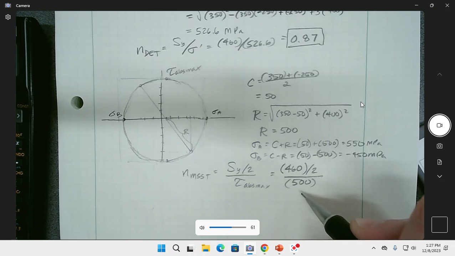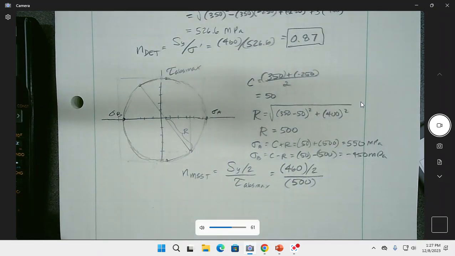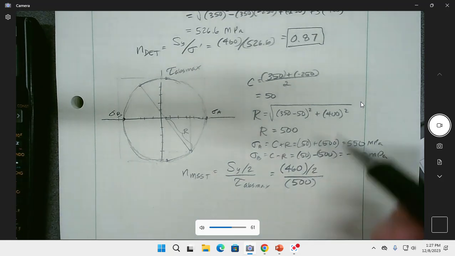Is that true? Well, that doesn't feel right. Anybody feel wrong with that? It seems like a whole lot of difference. 460 divided by 2. I can't believe that's true. That's so much smaller than this.